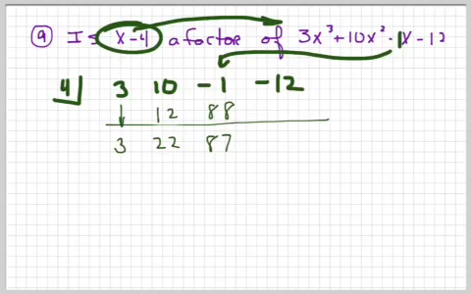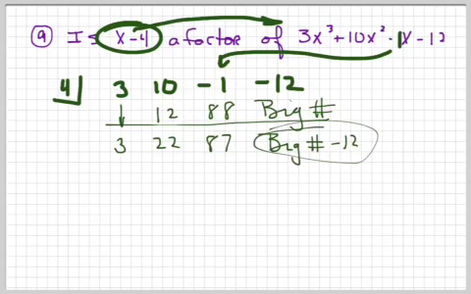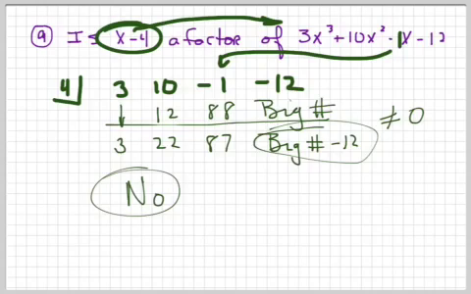That's 3, 12, 22, 88, 87, some really big number, and some big number down here, minus 12. My remainder is not 0. I don't even have to know what it is because of the question. Is that a factor? Answer is no. It's not a factor. If it was a factor, my remainder would have to come out to be 0.